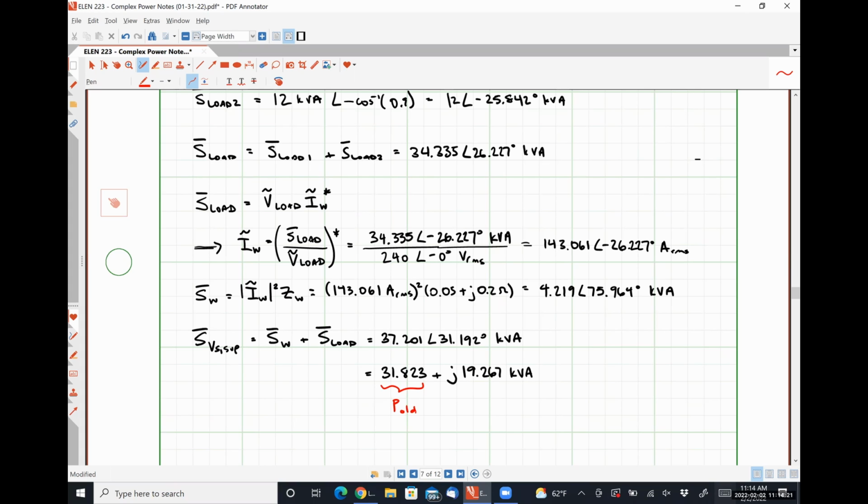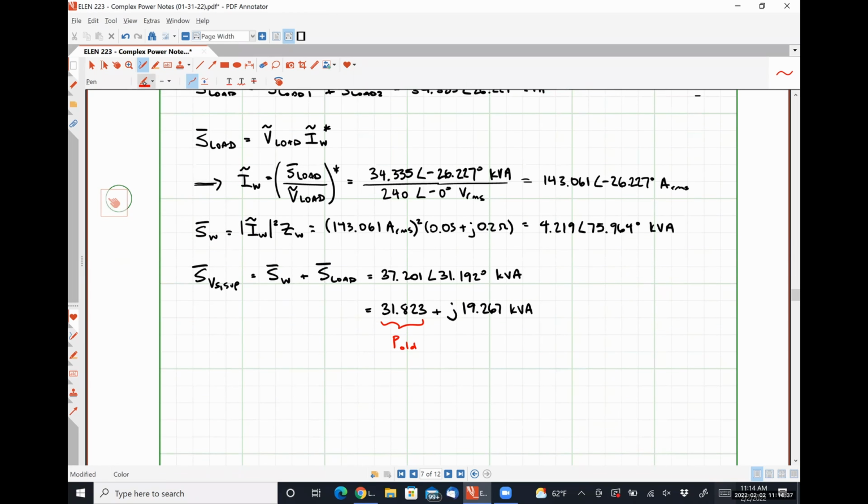Everybody okay with that? We can also go ahead and find theta old. So theta old is going to be the inverse cosine of 31.192 degrees.